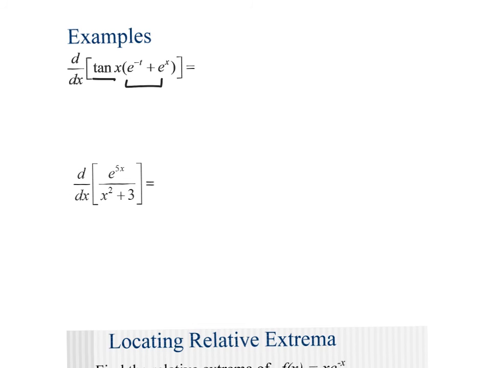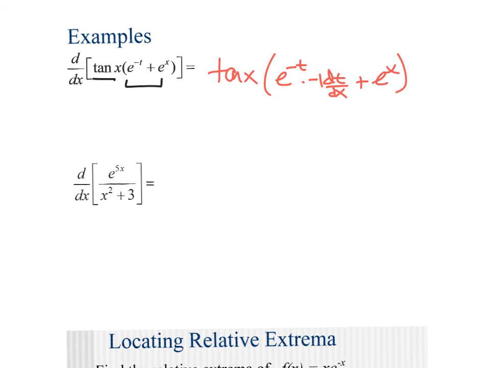So the derivative, so first times the derivative of the second. I would use parentheses because you have to do e to the negative t times negative 1 dt/dx. Again, be careful, that's a t, plus the derivative of e to the x is just e to the x.